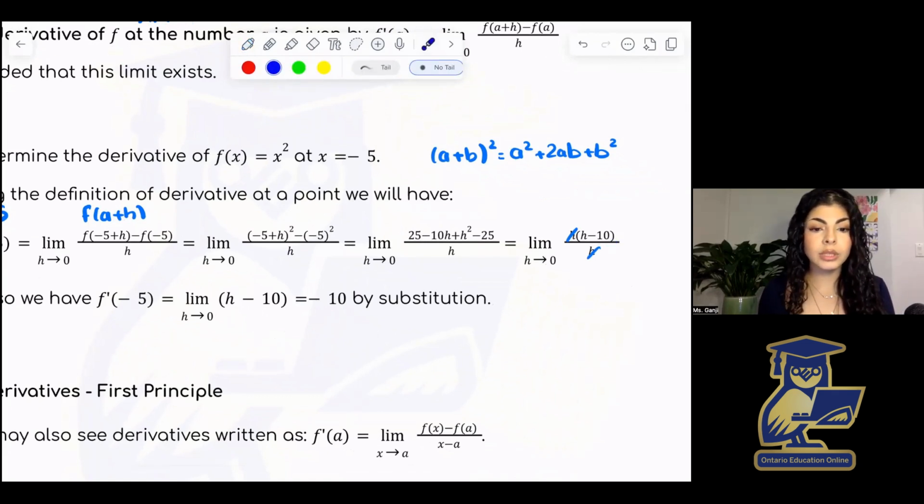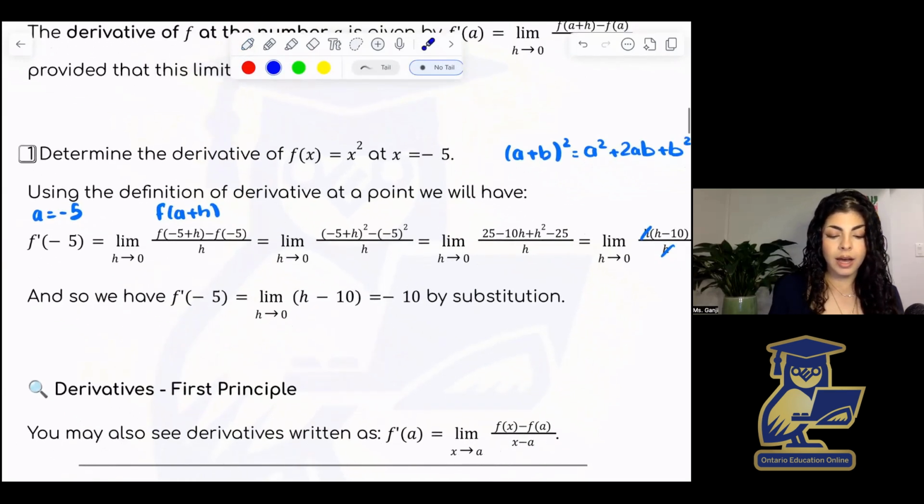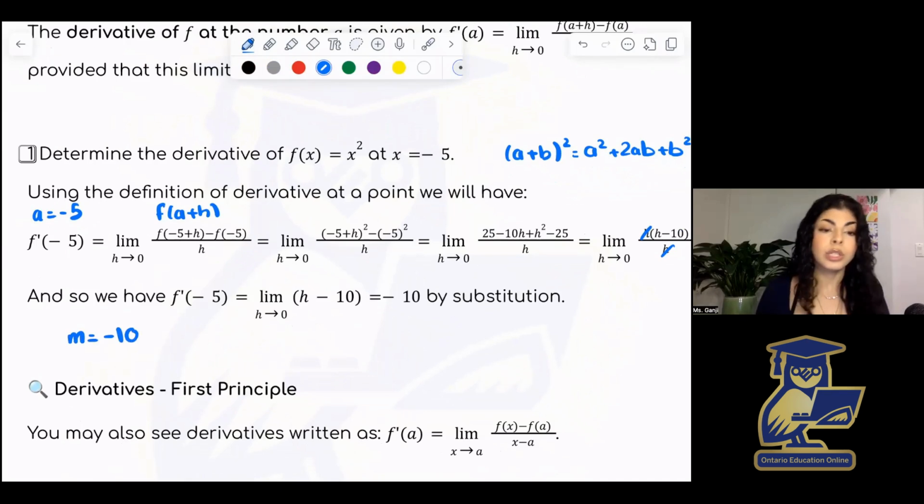And now I can actually solve by substitution. So f prime of -5 is now the limit as h approaches 0 of h minus 10, which through substitution is just -10. In other words, m is equal to -10, which is the slope of the tangent to the curve f of x is equal to x squared at x equals -5.